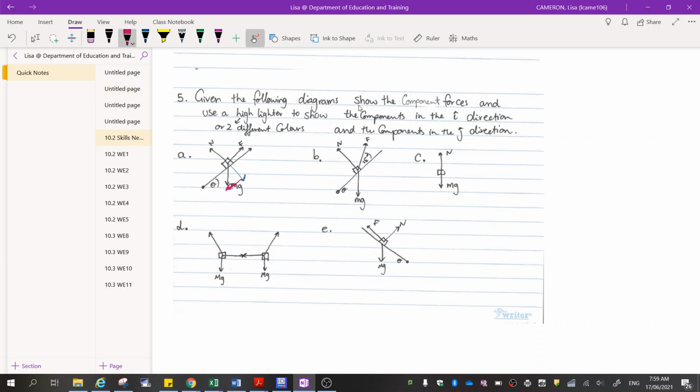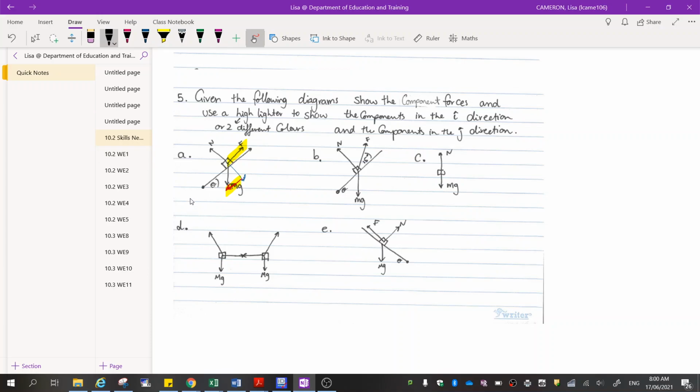So now, if I want to show the component forces and use a highlighter to show the components in the I direction. So in the I direction, if this thing is parallel, or we're using this slant as our new I-axis, then this one and this one are the ones that are going to be in the I direction.